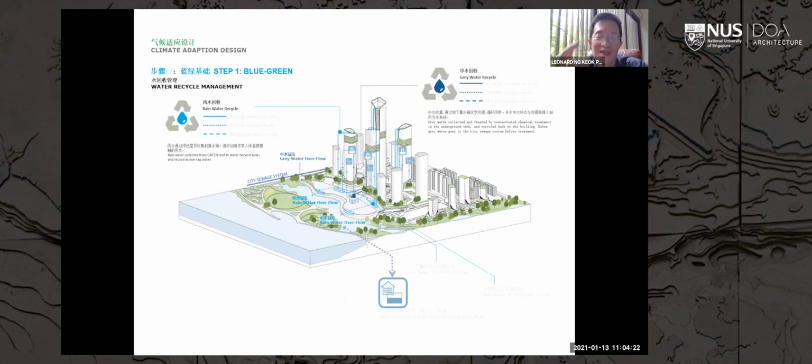Looking at how we can enhance the value of these elements by not just using them once and cleaning and using them once, but using them on multiple occasions over and over again. And having these systems embedded into the urban environment gives you this opportunity.